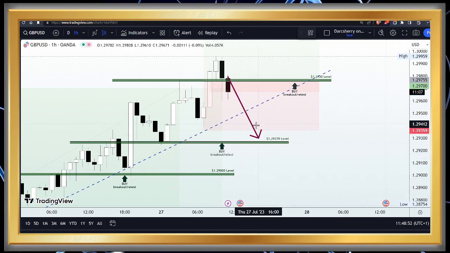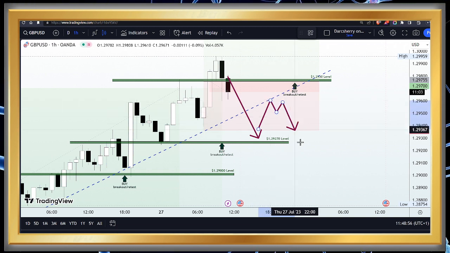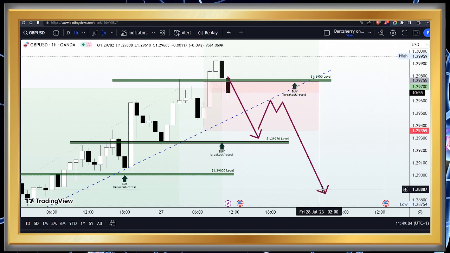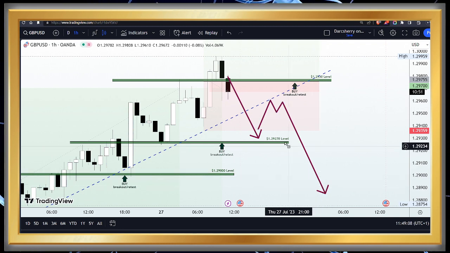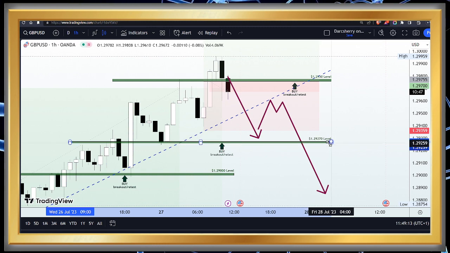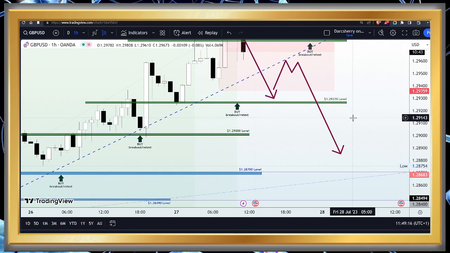And of course, this would reflect on the chart as a retest of this trend line, continued selling pressure, then we can join a bearish move to the downside. I doubt if this is going to happen, but if it does happen, we want to be on standby to catch that move. And in fact, we have levels such as the 1.29270, where a breakdown retest will also welcome selling opportunities in this market.